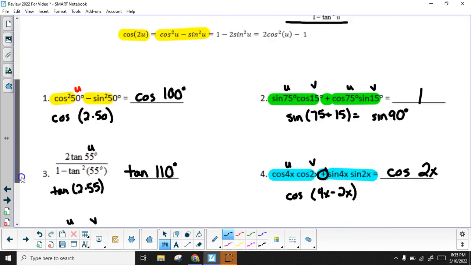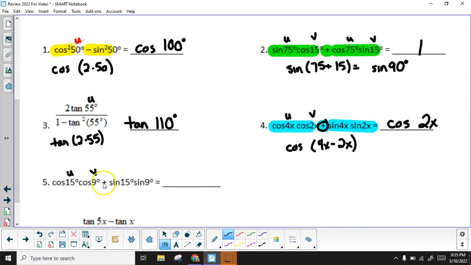And again, since we have a plus, then we're talking about a difference. This is the cosine of 15 minus 9, and 15 minus 9 is 6, so this is the cosine of 6 degrees. And 6 degrees is obviously not a unit circle value, so that is as far as we need to go with that.